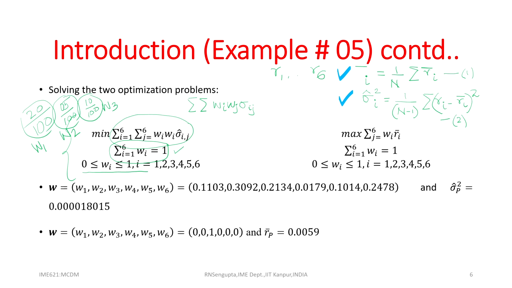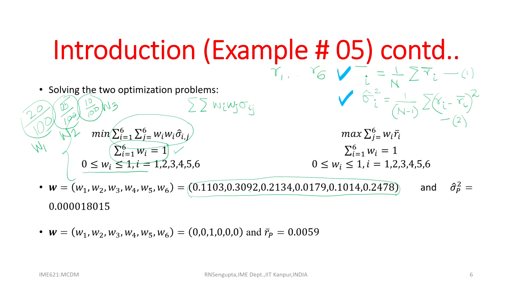So, if I solve the problem for the first one, the weights come out to be this for the 6 scripts, and for convenience, if you add them up, the weights will all add up to 1. That is the second one.